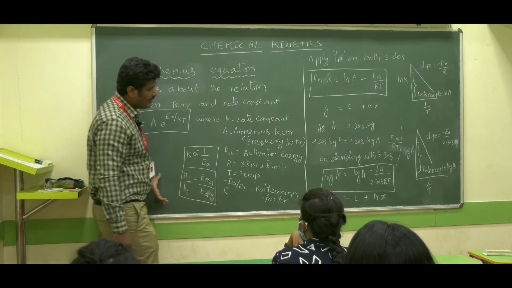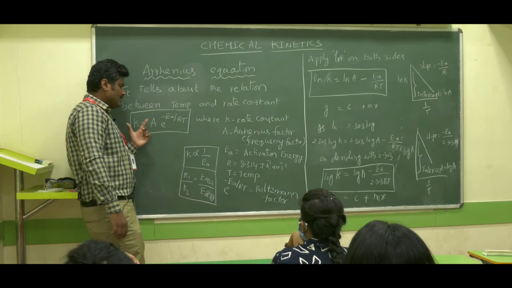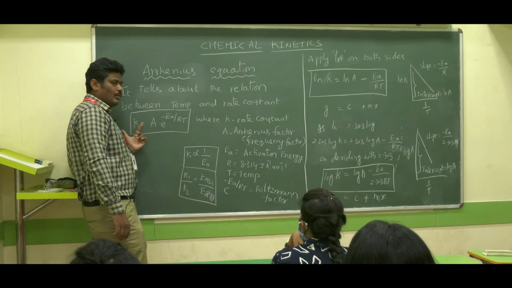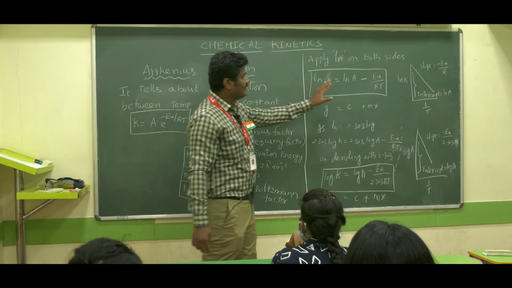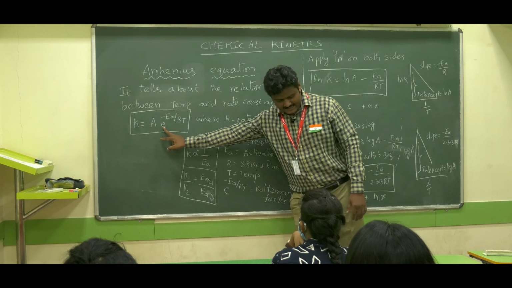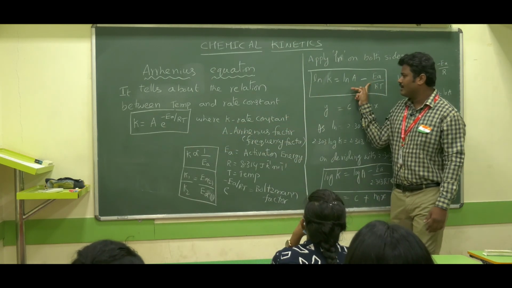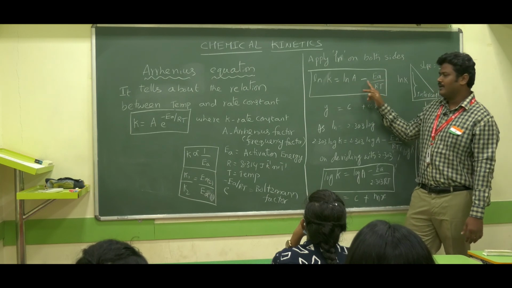Next, suppose we apply log on both sides of this Arrhenius equation, what do we get? ln K equals ln e, and ln e base e becomes 1, so you get directly minus Ea by RT.